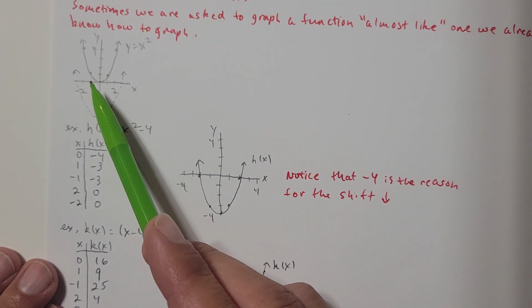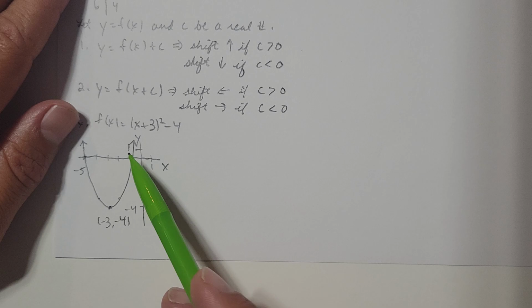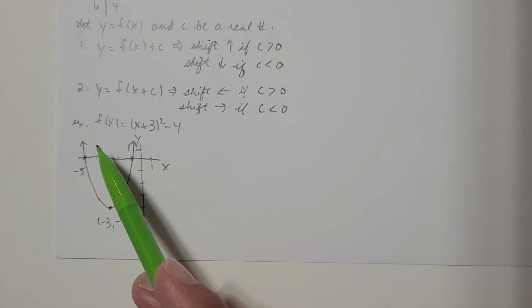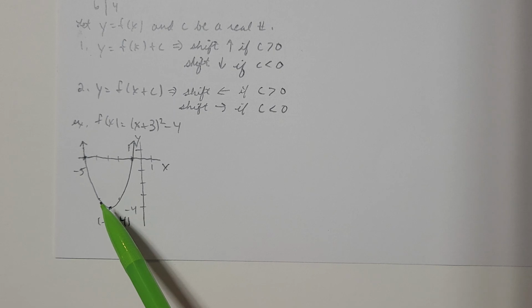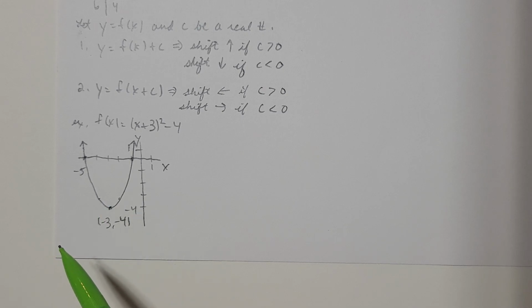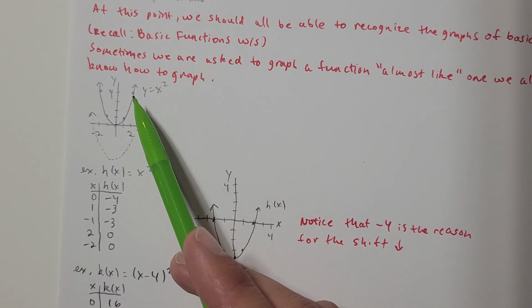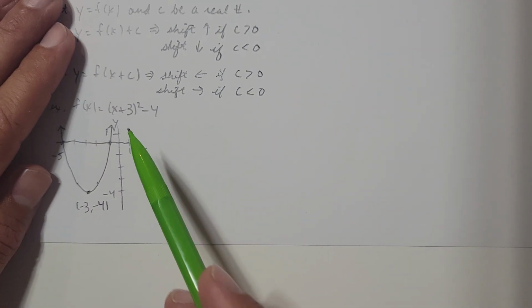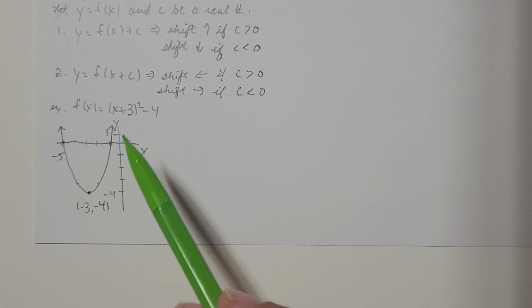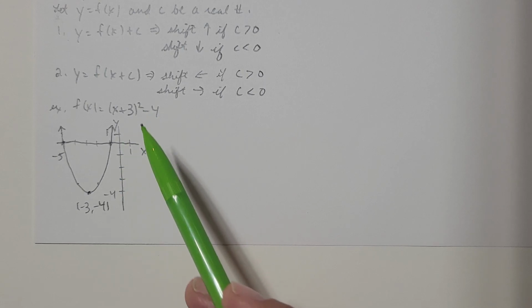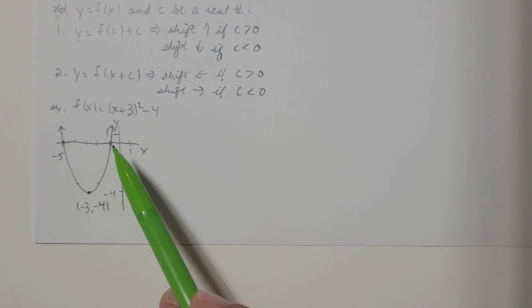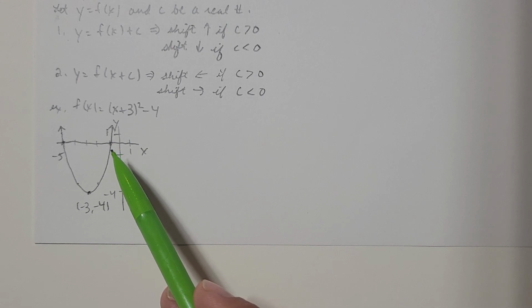And here's the point -1, 1. When I go to the left 3 and then down 4, that would bring me to the point -4, -3. And here's the point 2, 4 on the original graph. If I go to the left 3, that'd be at -1, and then going down 4 puts me at -1, 0.